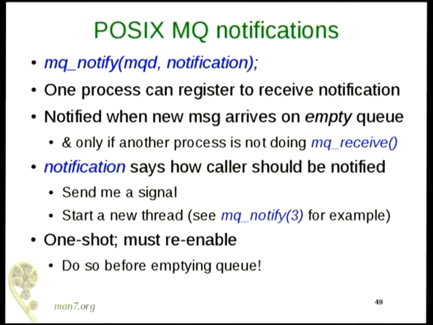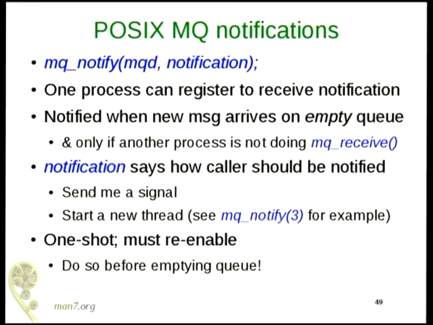Okay, message queue notification is quite a cute trick with message queues. One process can say, I want to get notifications when a new message appears on an empty queue. Notification only works if the queue was already empty at the time another message arrives. What you do is you say MQ notify, give it the descriptor, and then a structure that says how you want to be notified.